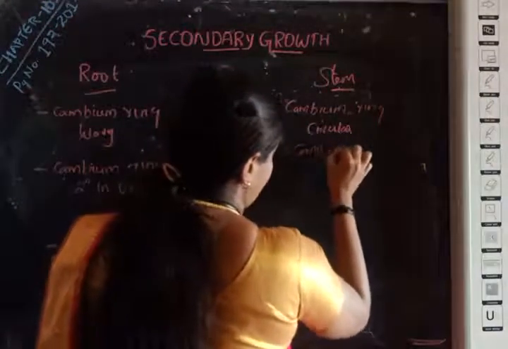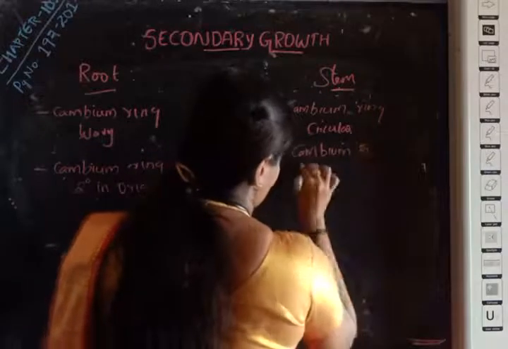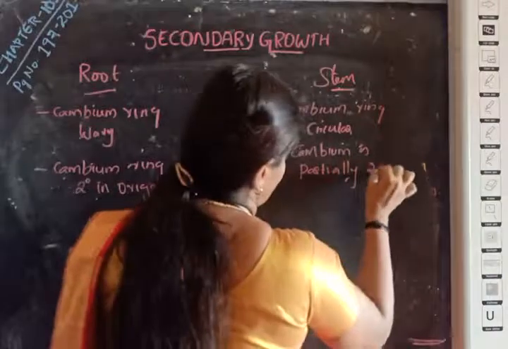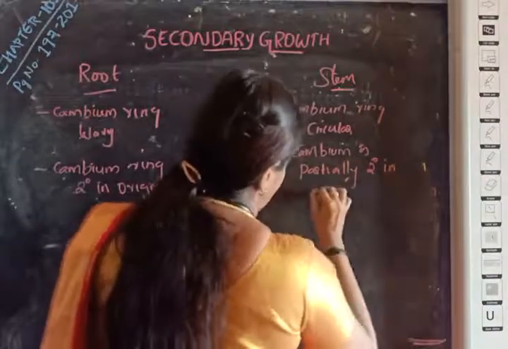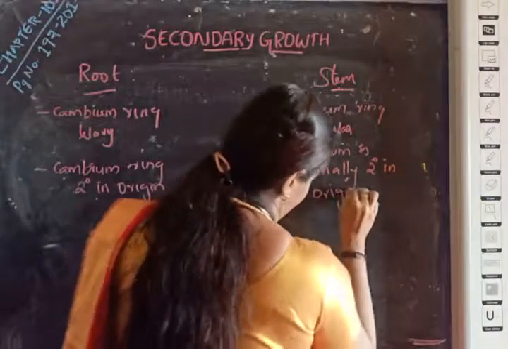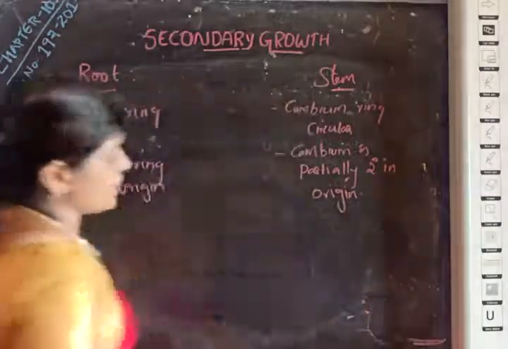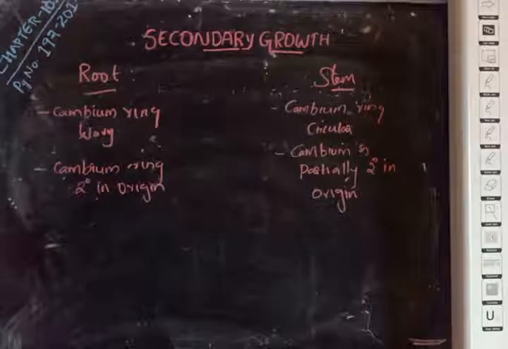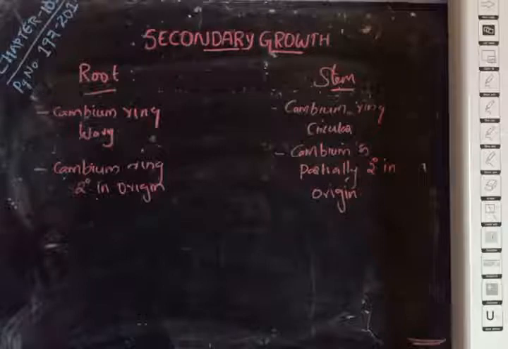Why? Because the fascicular cambium, that is the cambium present inside the vascular bundle, is primary in origin, whereas the cambium in between the vascular bundles, that is interfascicular cambium, is secondary, and that's why the cambium ring is partially secondary in origin.